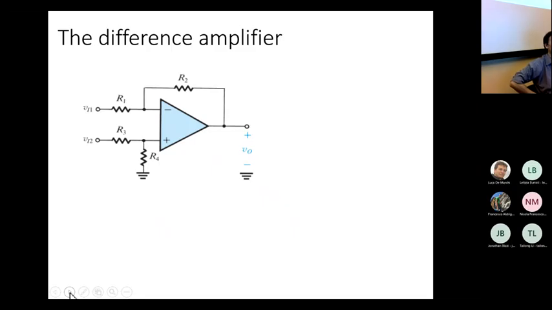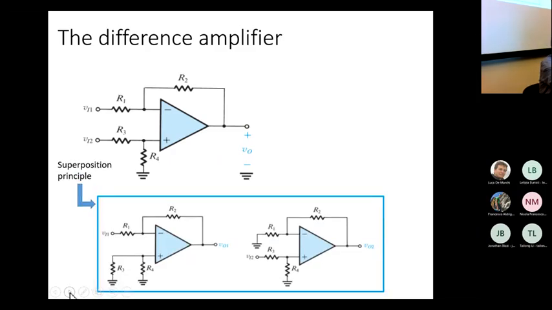To amplify differential signals, so the signals applied on two lines, two wires, what we can do is to use the so-called difference amplifier. The difference amplifier works in this way.